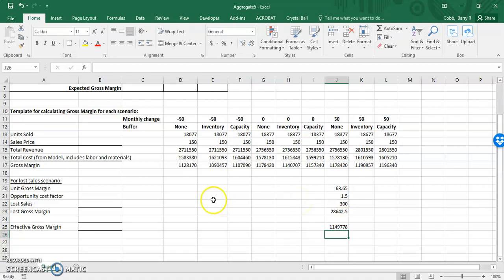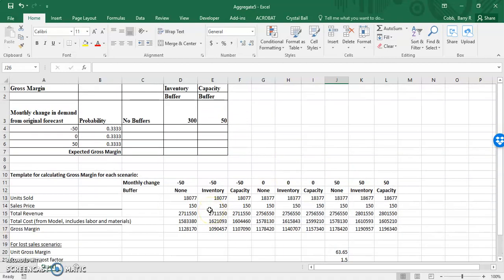Let's enter these numbers in the table above. For negative 50, we have these 3 numbers. For a positive 50 change, for a 0 change, we have these 3 gross margins.